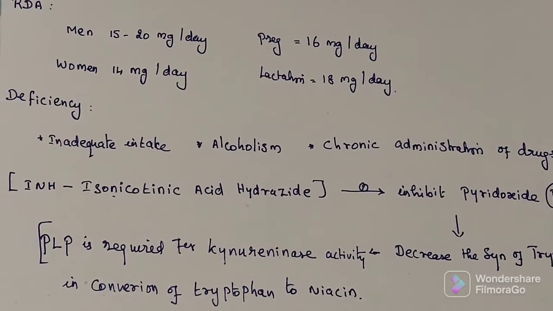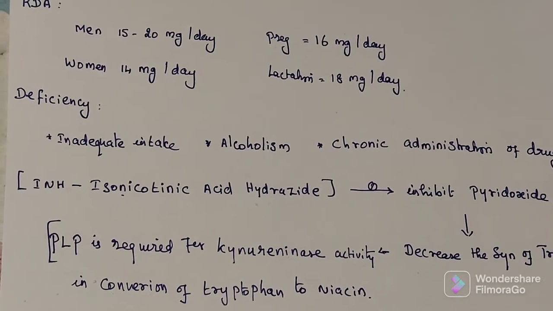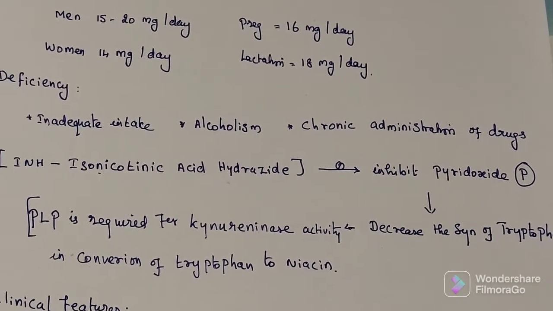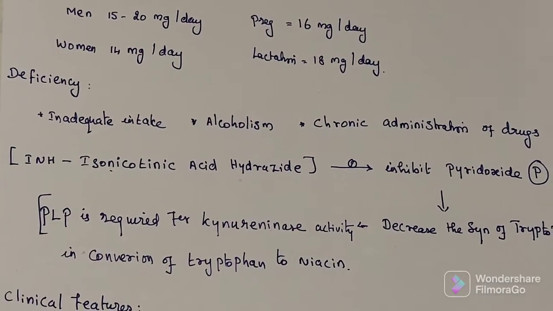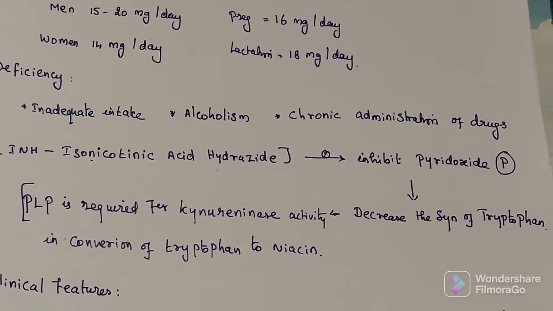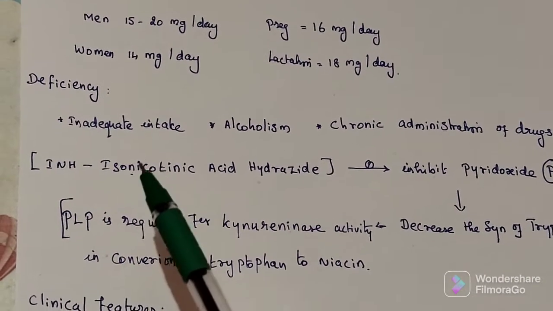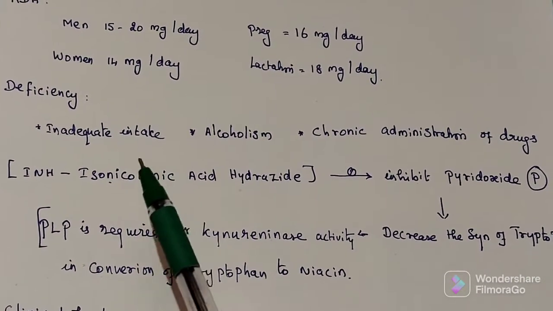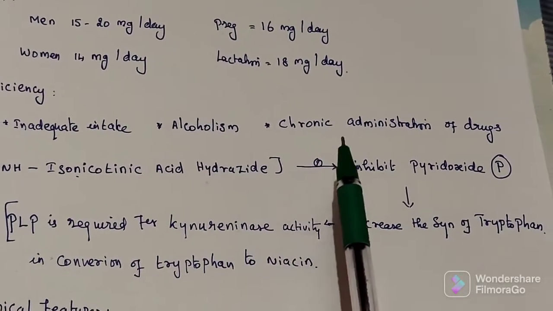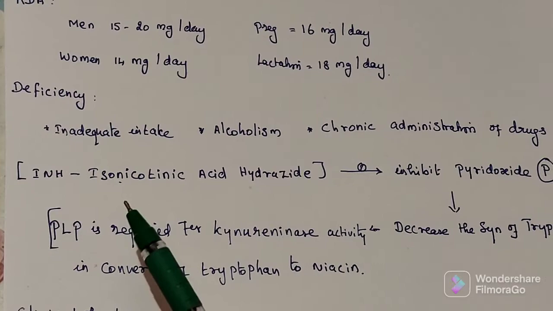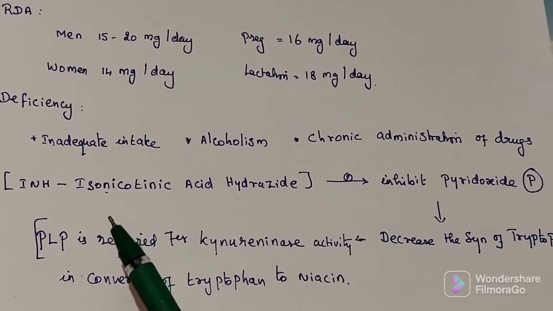It is associated with impaired conversion of tryptophan to niacin due to decreased activity of the PLP dependent enzyme kinase. So these are the deficiency factors: inadequate intake, alcoholism, chronic drug administration, for example the tuberculosis patient taking INH.